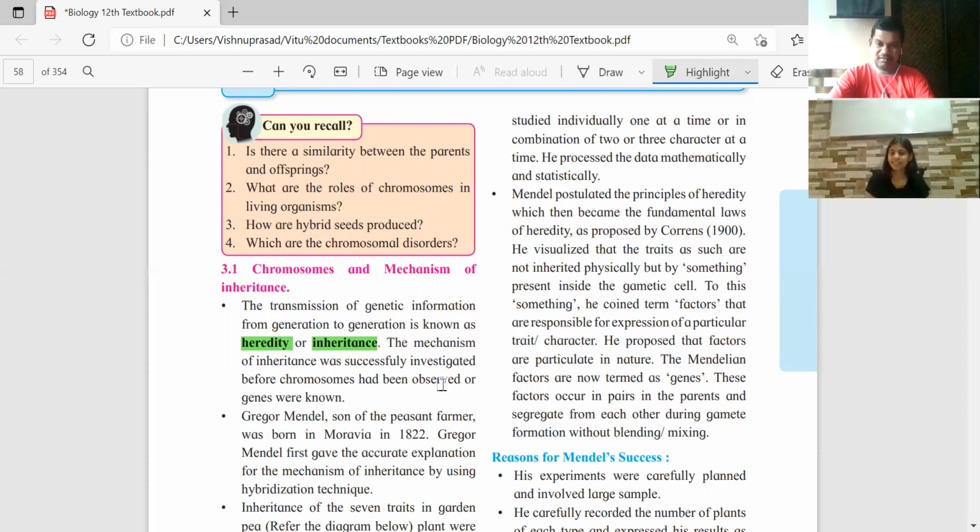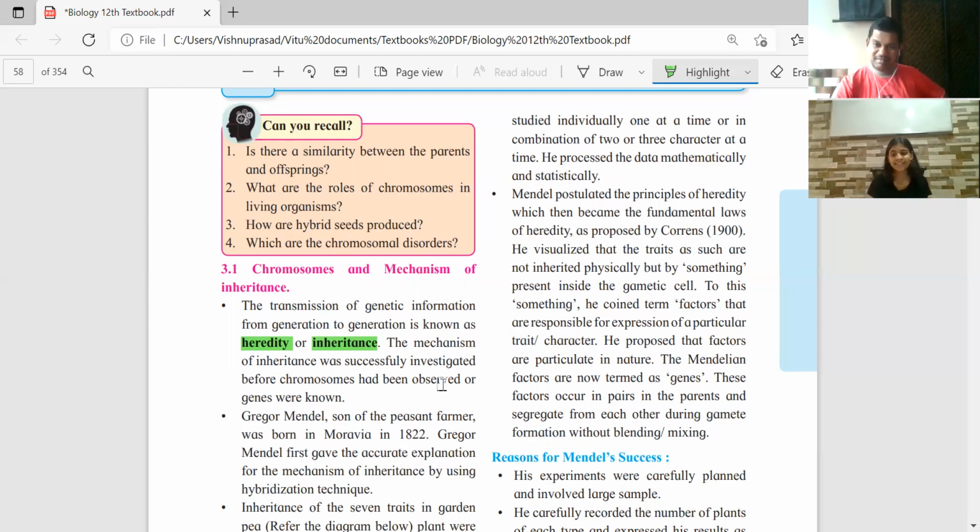Then meiosis is also called reductional division, because one diploid parental cell divides and gives rise to four daughter cells. All four are haploid, and those four haploid cells are called gametes.